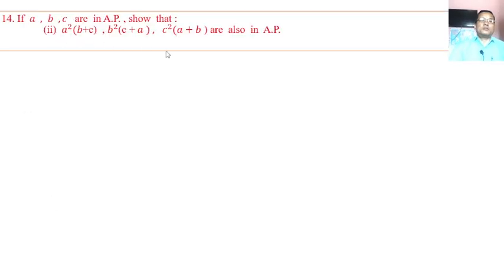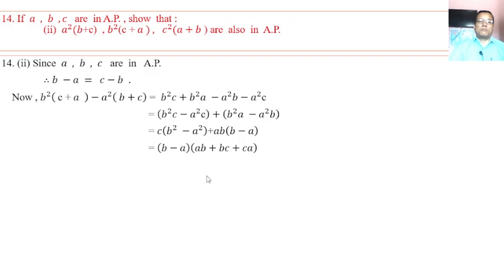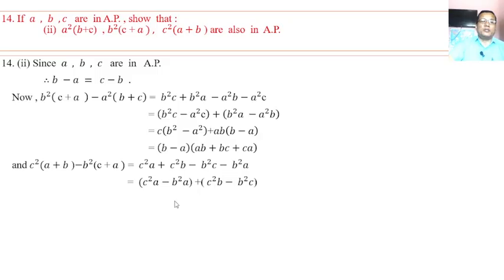Second expression minus first expression, multiplying both sides and factorizing, grouping like terms. Third expression minus second expression, and expanding we get this.